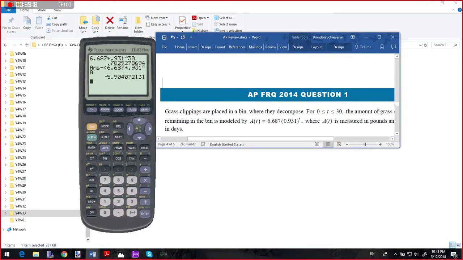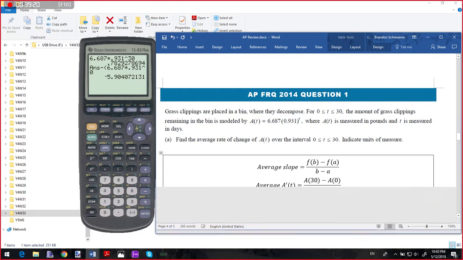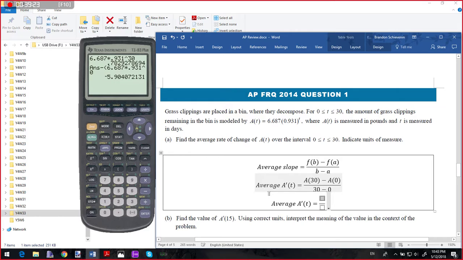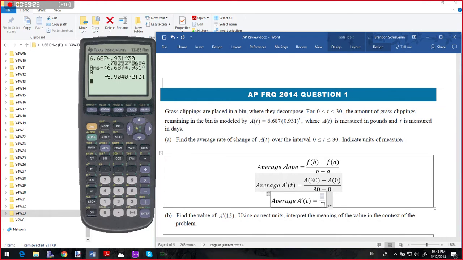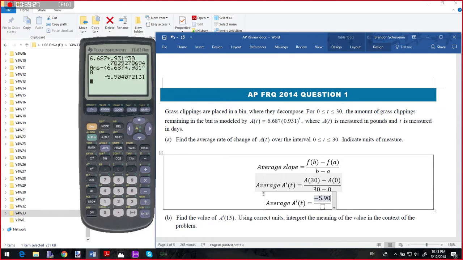Let's see if I can get both of these here. Okay, so this is negative 5.90 over 30. Should give me my average slope. So this average slope is negative 0.1968.